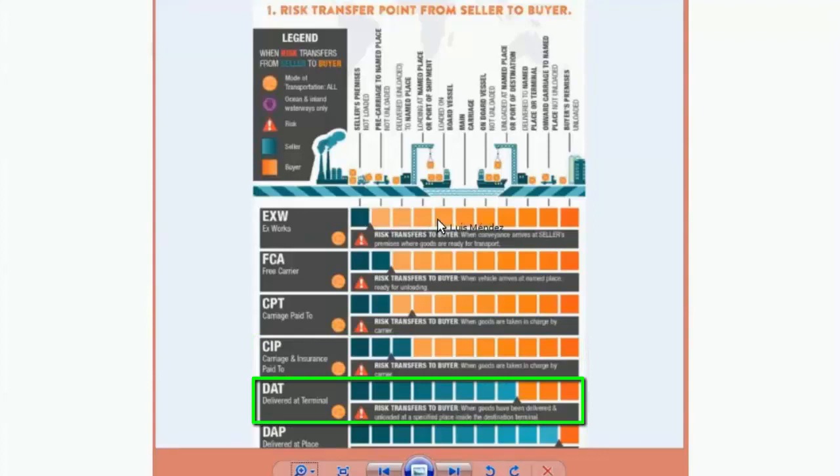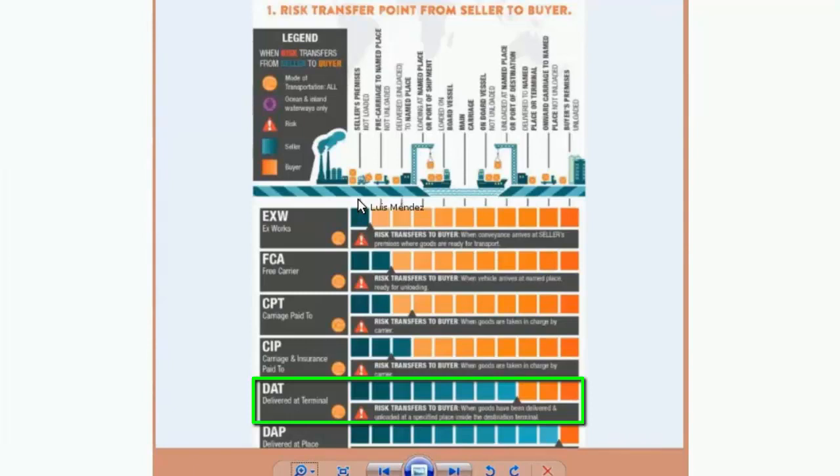Then we have the DAT, that is delivered at terminal, where the risk transfers to the buyer when the goods have been delivered and unloaded at a specific place inside the destination terminal.